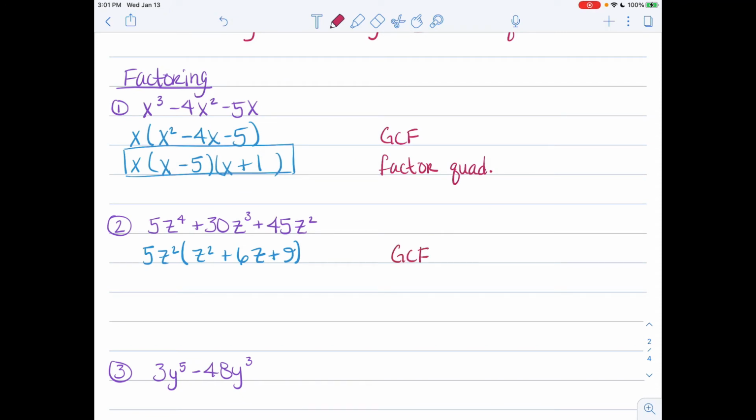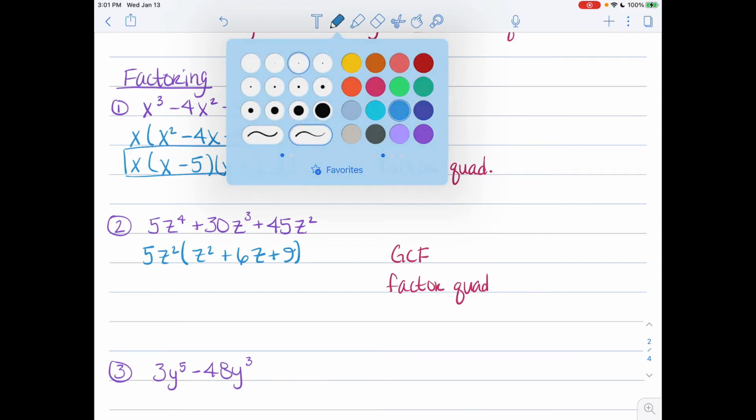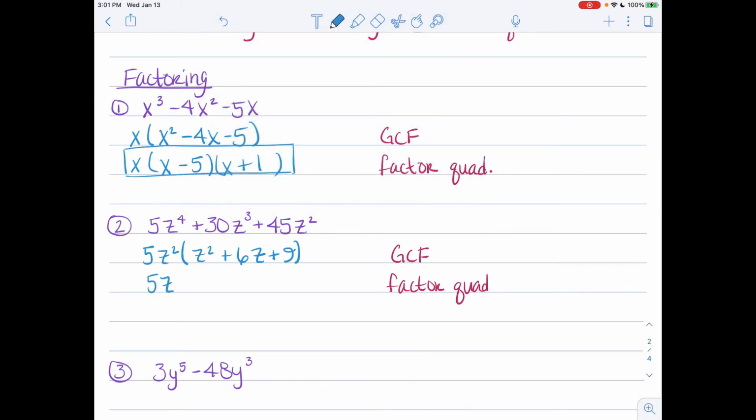I see that I, again, have 3 terms, so we're going to be doing our quadratic form. And since a is equal to 1, we are simply going to factor our quadratic again. So this time, we are looking for factors of 9, so 2 things that multiply to be 9, but they add to be +6.